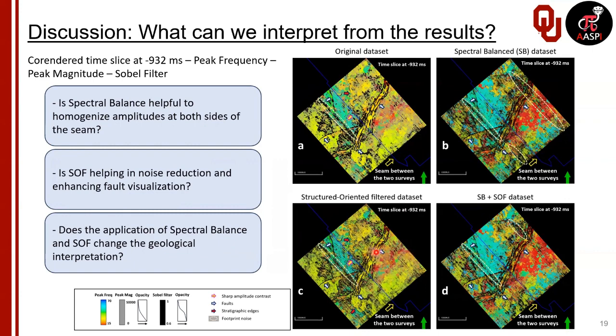The Sobel filter, so structure-oriented filtering, is not helping with that, but it is helping in resolving some features here, which is good, some stratigraphic edges. But then in the combination of both, we lost a lot of detail.